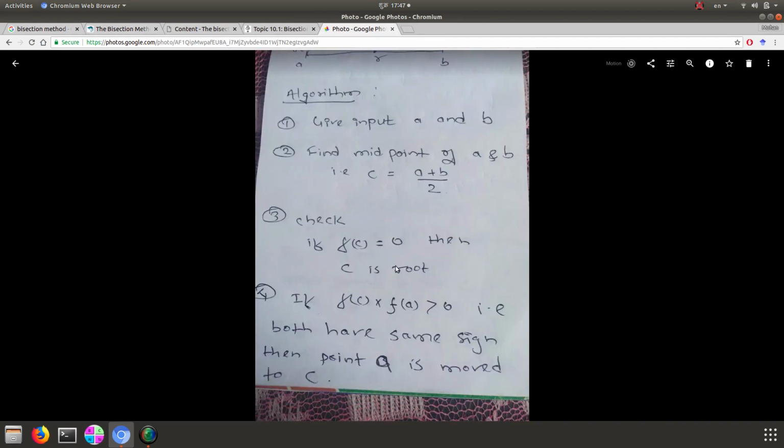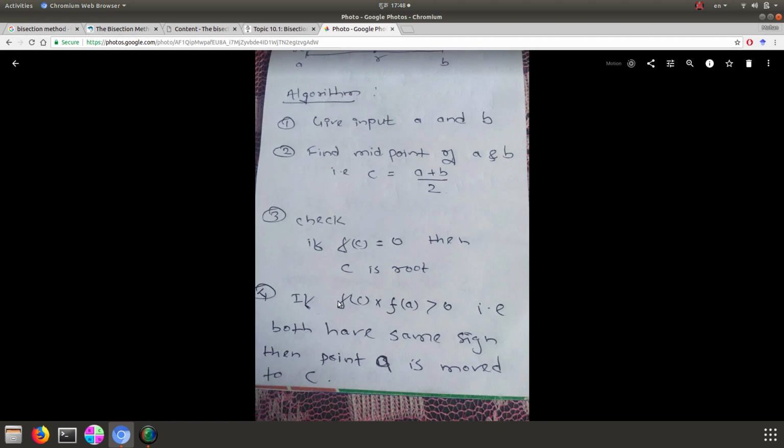So if f of c equals 0, where c is the midpoint of a and b, then the problem is solved. As I said previously, a point at which the functional value equals 0 is the root of the equation. So if f of c equals 0, then c is the root.